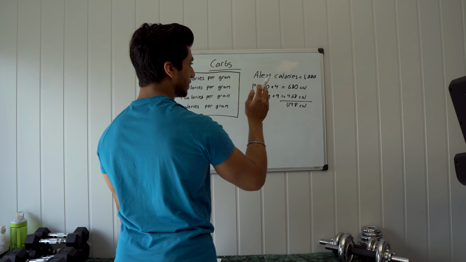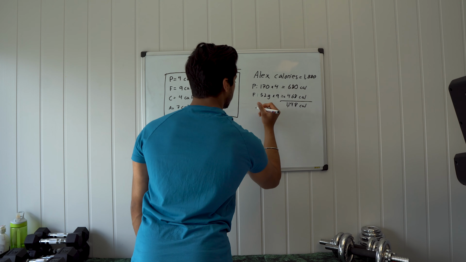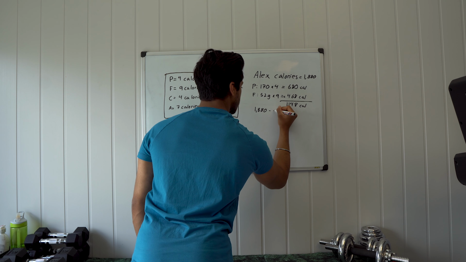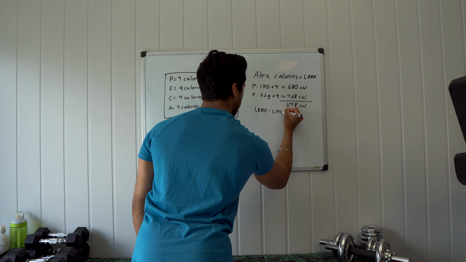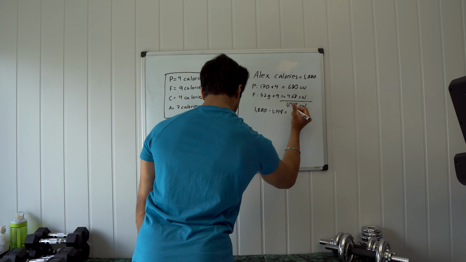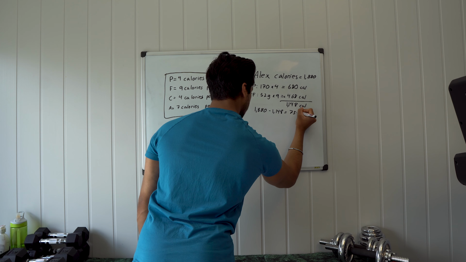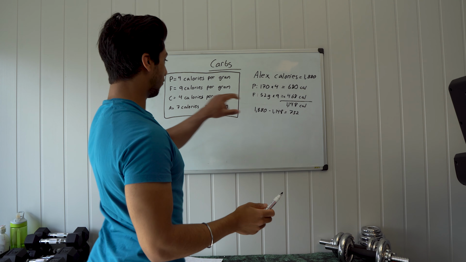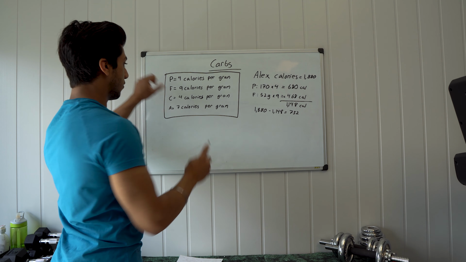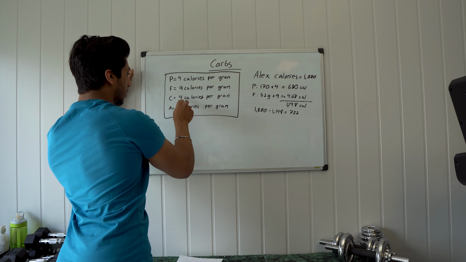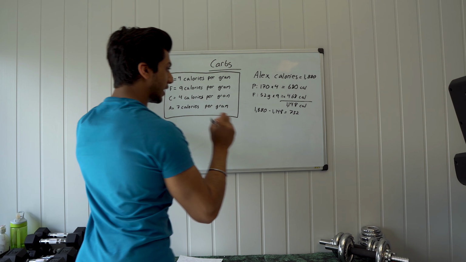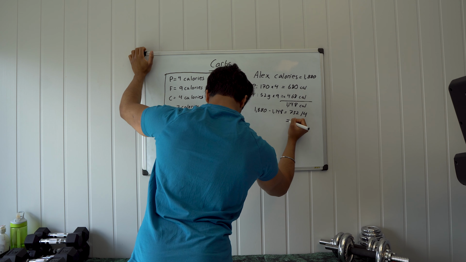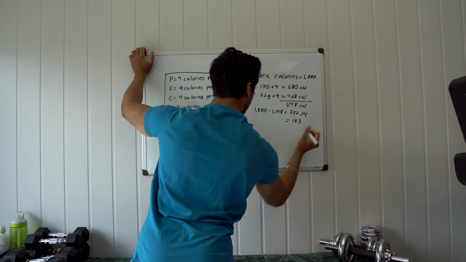To find his carbs, we're going to do 1,880 minus 1,148. We just got 732. We're going to divide that by 4. Remember, 1 gram of carbs is 4 calories. So divided by 4, we got 183 grams.